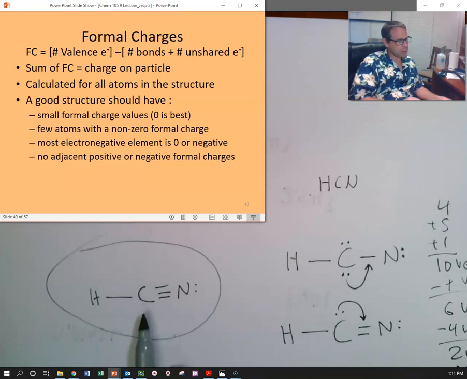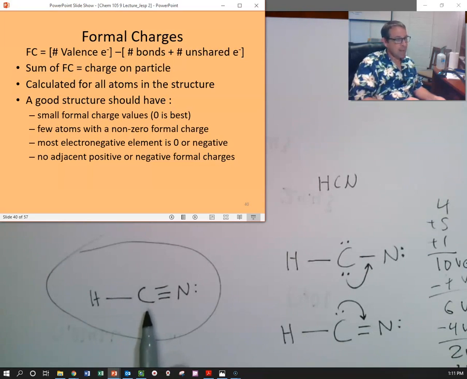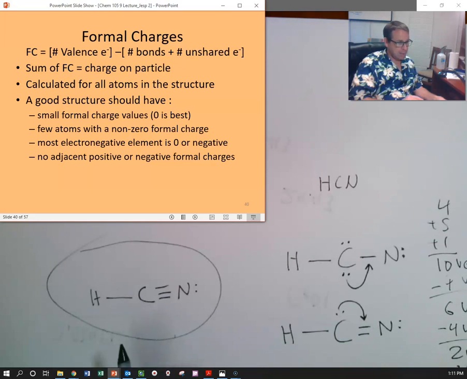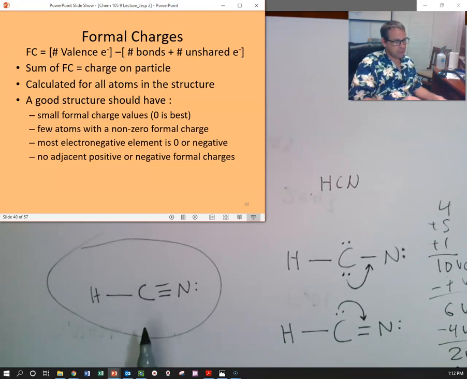It brought 4 electrons to the party. And how many does it have right around it? Do you know how to determine that? 8. Is it 8? Oh, it has 8 available to it.